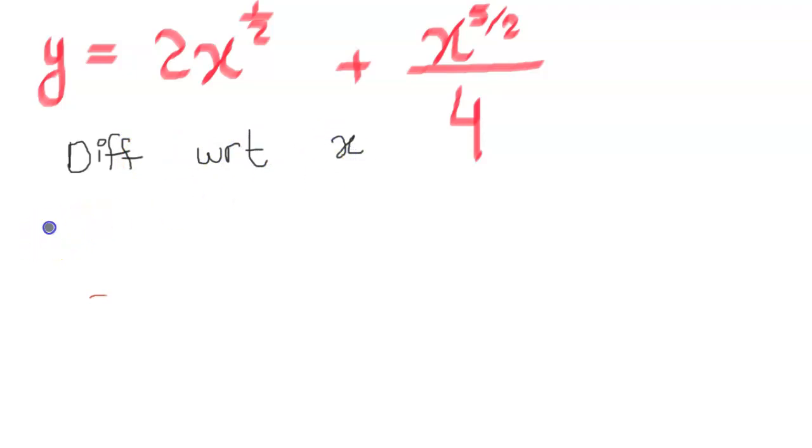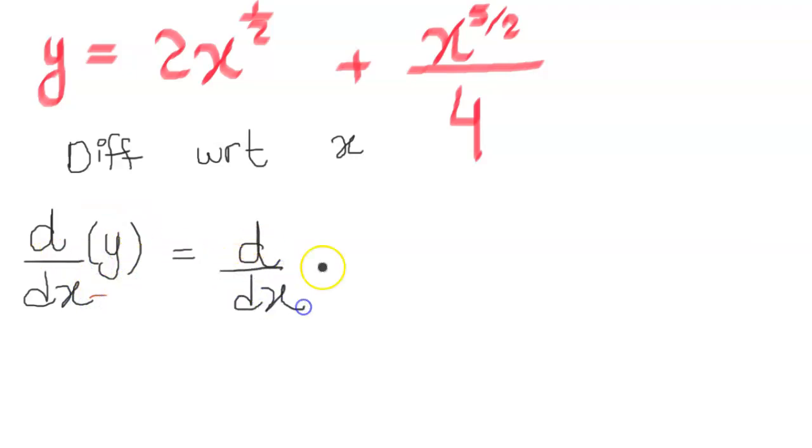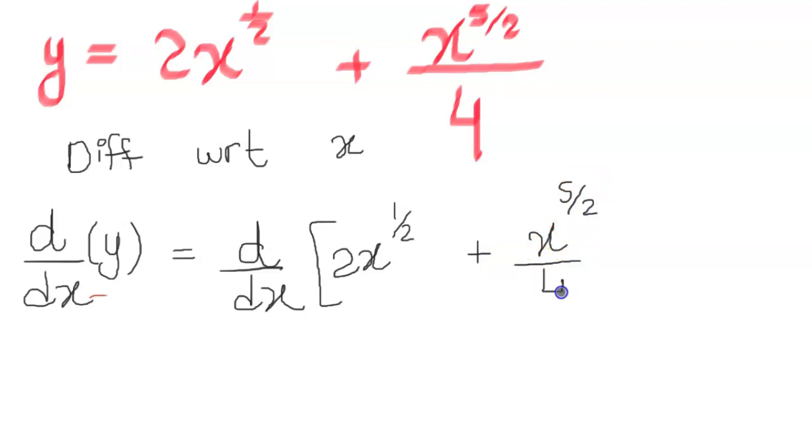So I need to do d over dx of the y, or dy over dx, and d over dx of that bit, which is 2x to the half plus x to the 5 over 2, over 4.